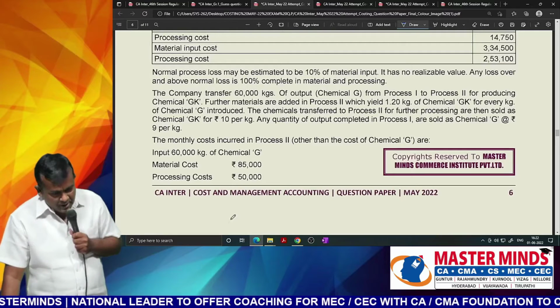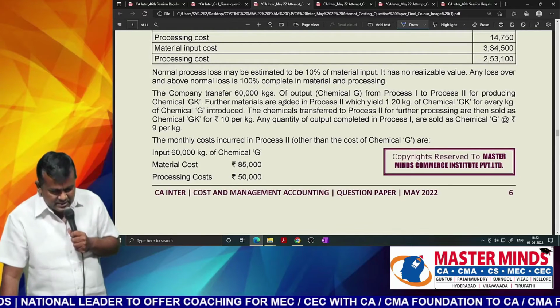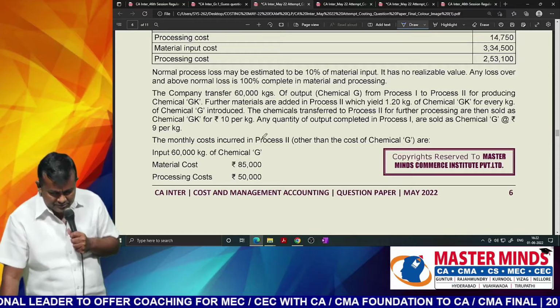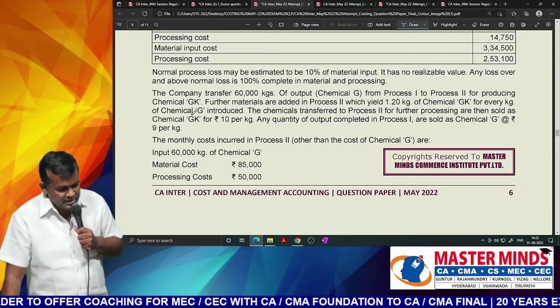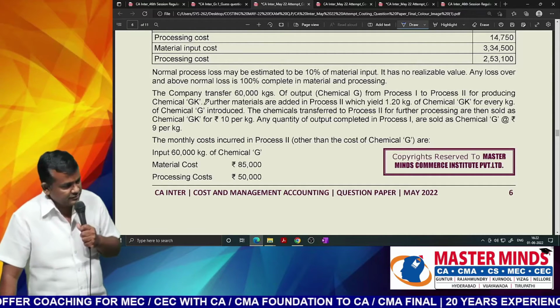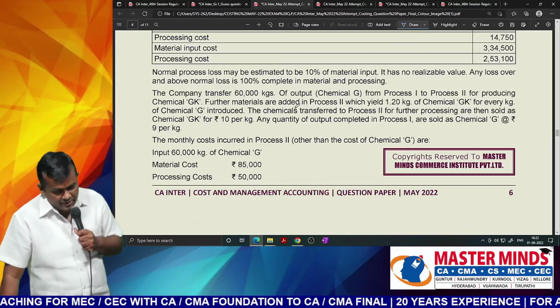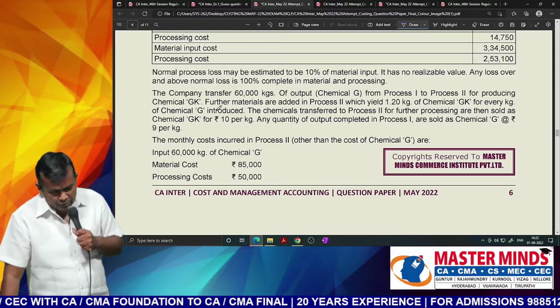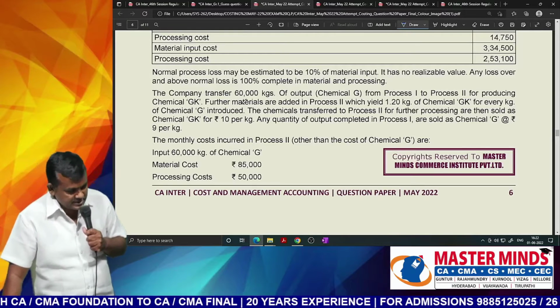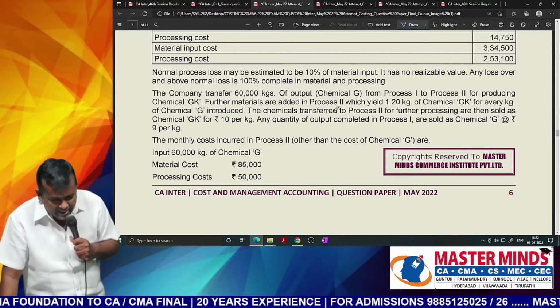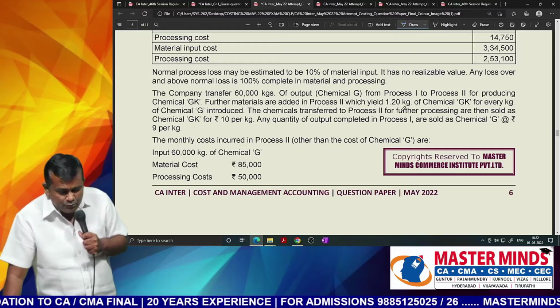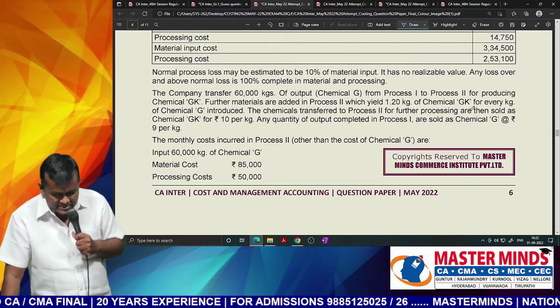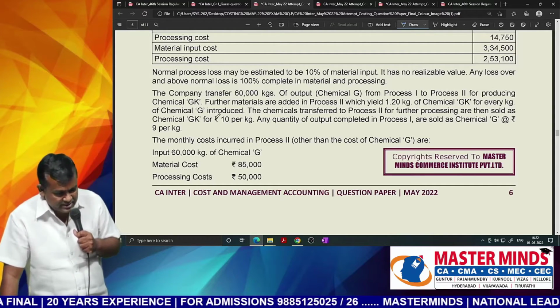Next, the company transfers 60,000 cases of output from process 1 to process 2 for producing chemical GK. So here final product equal to GK. So in process 1, chemical G produced. That is transferred to process 2, final product name is GK. Further materials are added in process 2 which yield 1.2 kgs of chemical GK for every kg of chemical G produced.